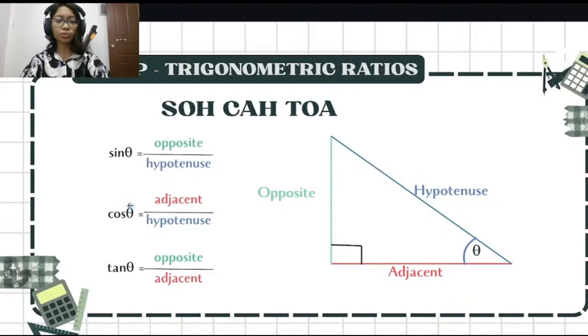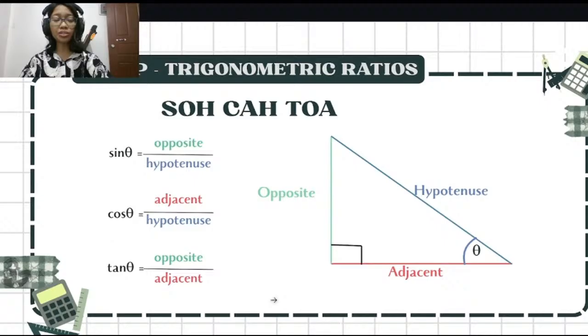Cosine, which is the ratio of the adjacent side to the hypotenuse. Tangent, which is the ratio of the opposite side to the adjacent side. These relationships are commonly remembered by using SOH CAH TOA.